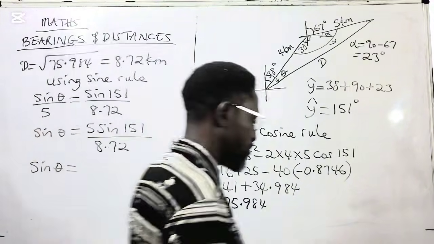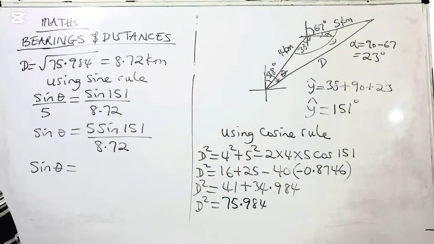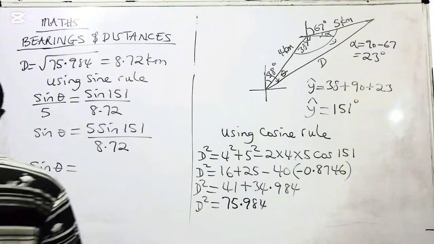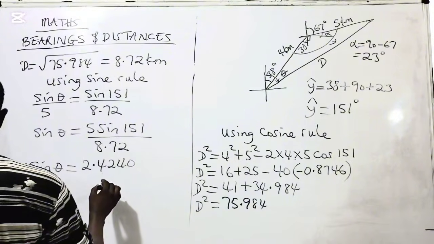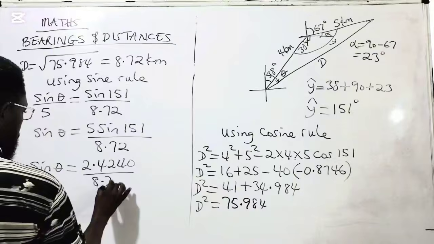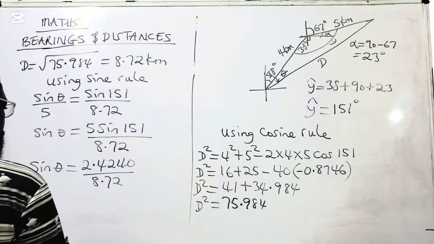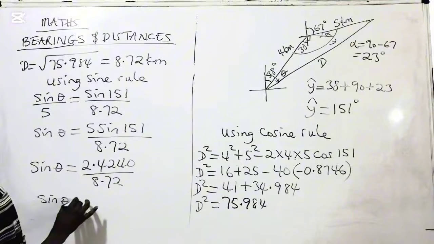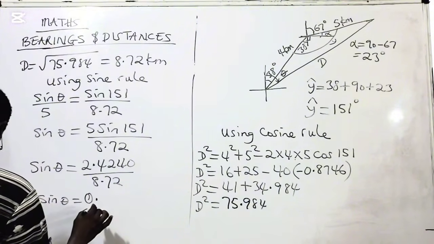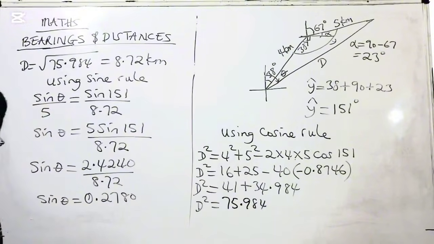So I'll get sine theta equal to 5 sine 151, that will be 2.4240, all over 8.72. 2.4240 divided by 8.72 gives us 0.2780.